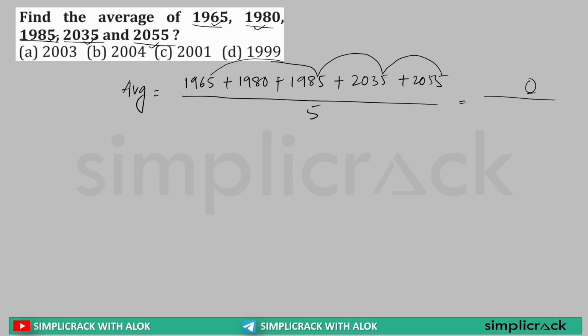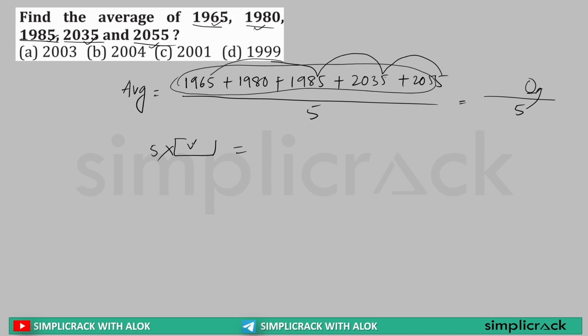Now understand this. We can do it in both ways. We can simply add all the things, or, sir, understand this. If I am dividing the whole thing by 5, that means what? If I multiply some number with 5, I will get the sum of all this. Yes or no?